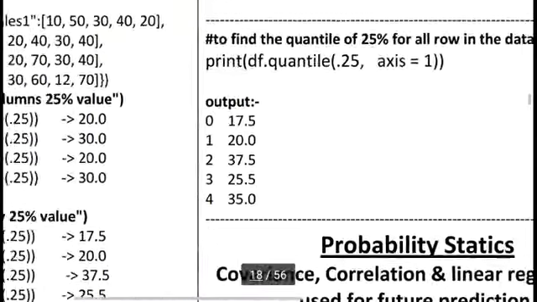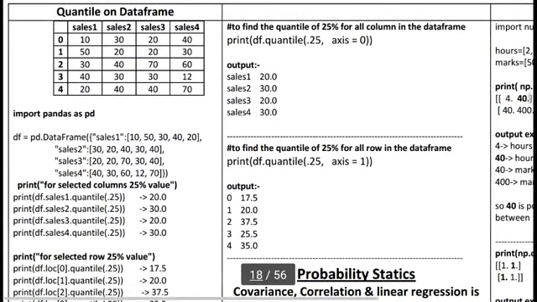Okay, so in this topic we have seen that when we have multiple rows and multiple columns, individually we can access each and every column or row to find 25% data, 50%, 75%. As you know, we have seen the various types of quantile types.